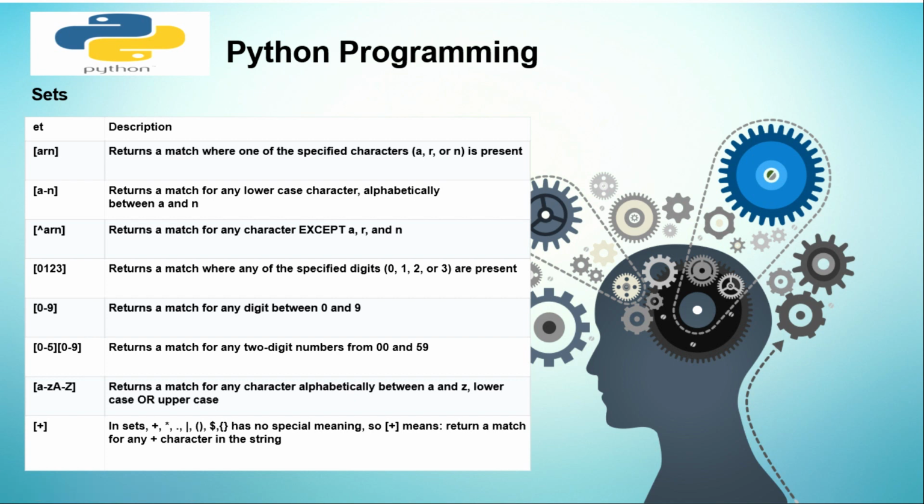The 0 to 9 is anything between 0 and 9. 0 to 5 and 0 to 9 together make a two-digit number, so that is 00 to 59. Here it returns a match for any lowercase or uppercase letter.